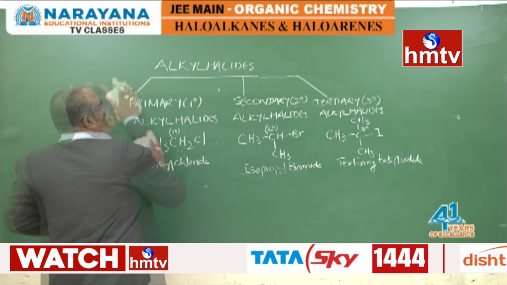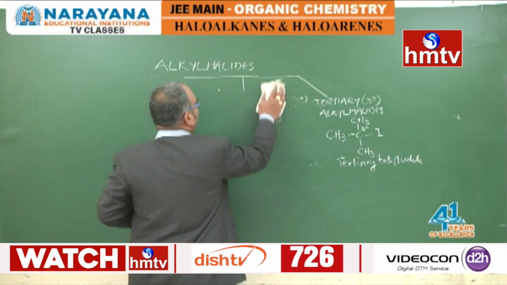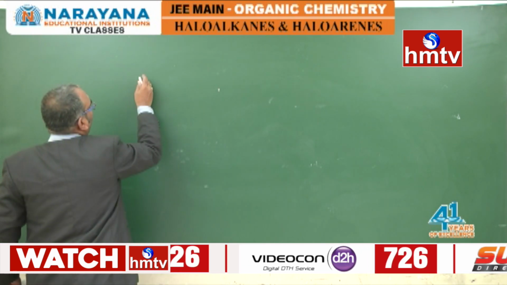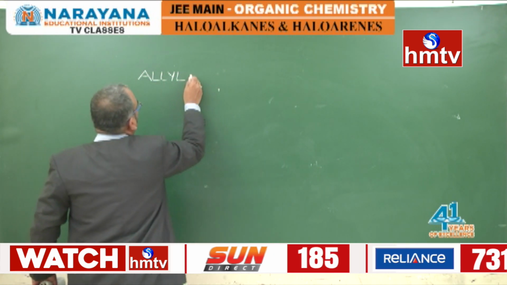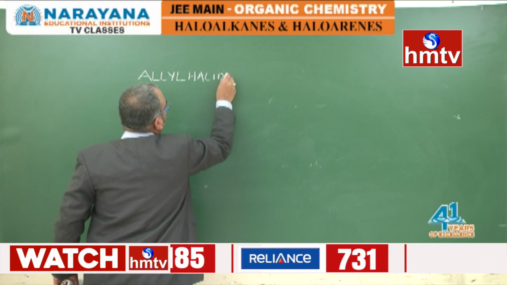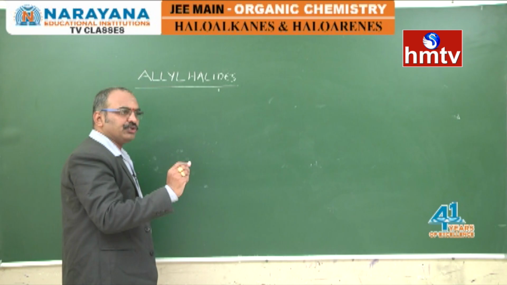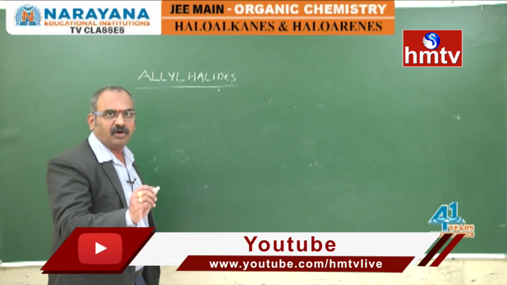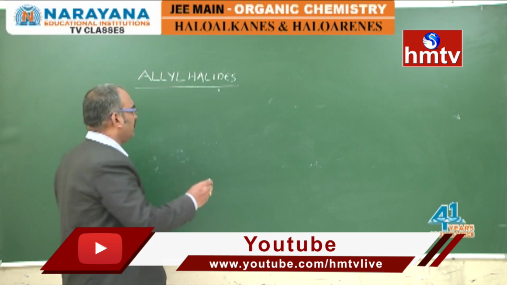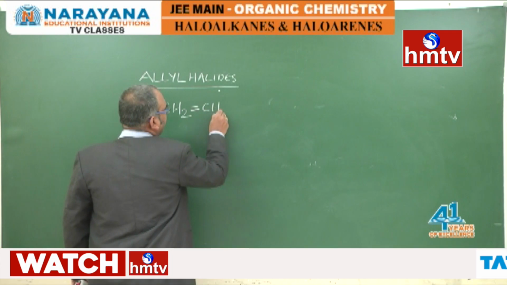Now after alkyl halides, we have allyl halides. What is an allyl carbon? That is important for us. The carbon atom which is attached to a vinylic carbon, a double bonded carbon, is called an allyl carbon. I will show you CH2=CH.